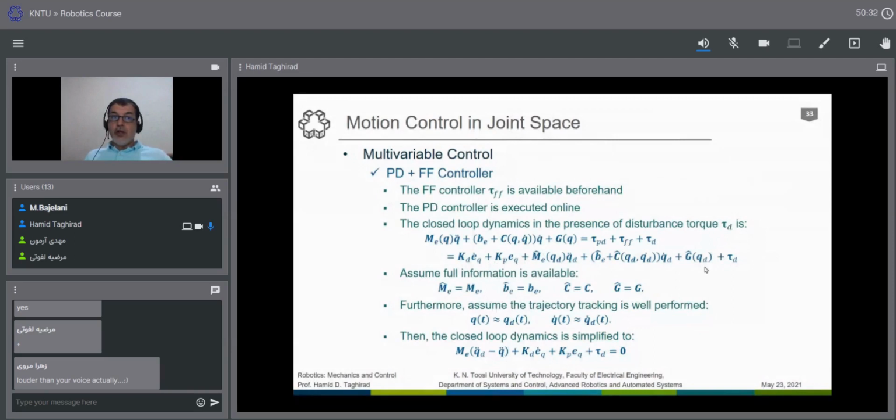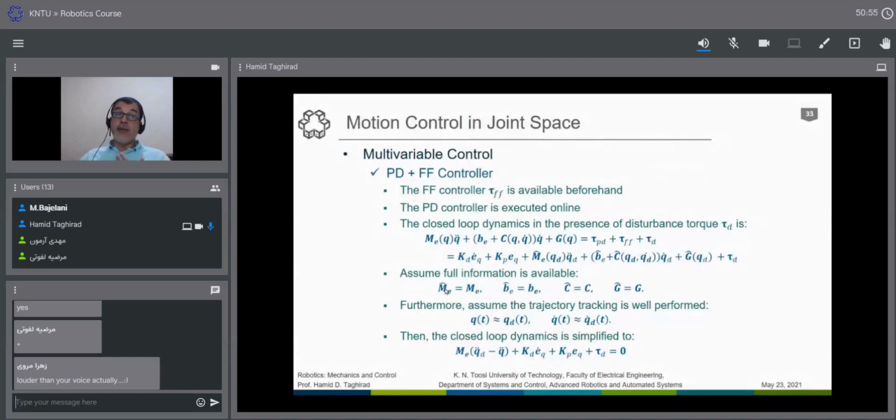To simplify, assume that you have full knowledge of the system. Assume that you exactly know what the mass matrix is. This is very important. To have the dynamic equation, first, find it right. You should find the mass matrix right for the system. If you have some miscalculation there, you come into trouble here.